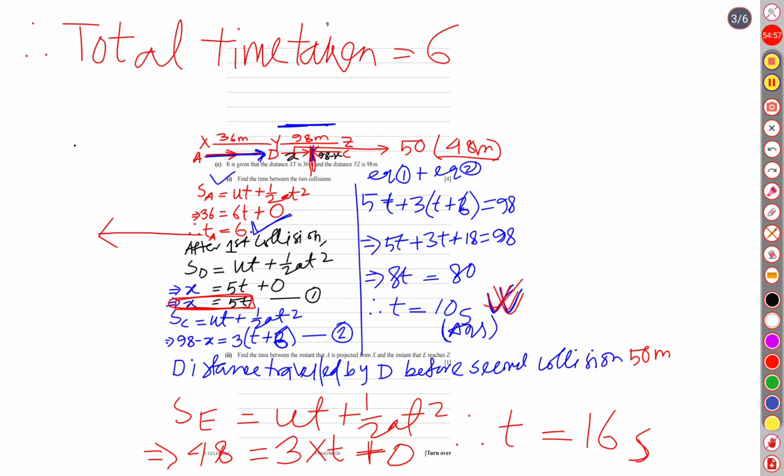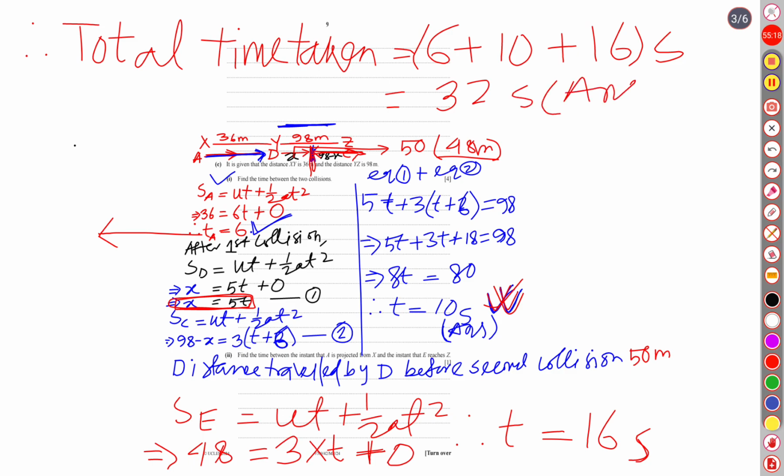After that, from this point E reaches Z taking 16 seconds. So the total time since the beginning is 32 seconds. That is the total time taken by all of the particles to reach Z.